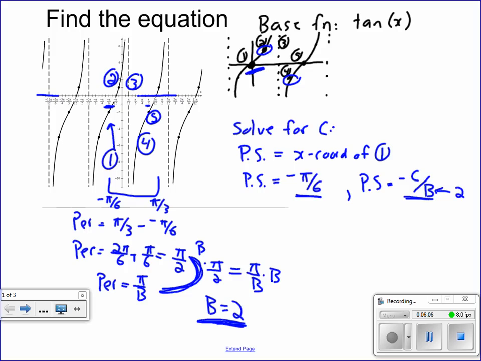b was 2. So we get the equation negative pi over 6 equals negative c over 2, and we need to solve for c. To do that, we just multiply both sides by negative 2, and here the two negatives cancel, and we get c equals pi over 3, because that 2 and the 6 cancel.